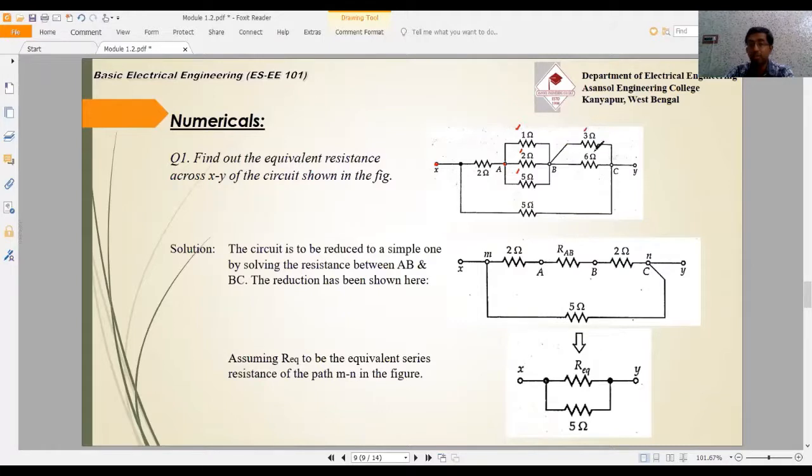One is 3, one is 6, and this whole system is in parallel with 5 ohm. So let's solve it step by step.